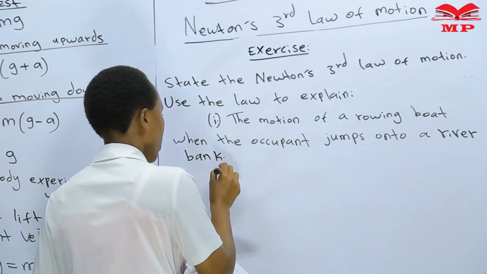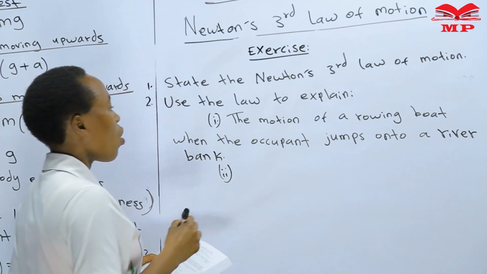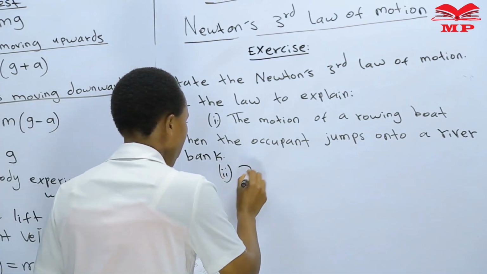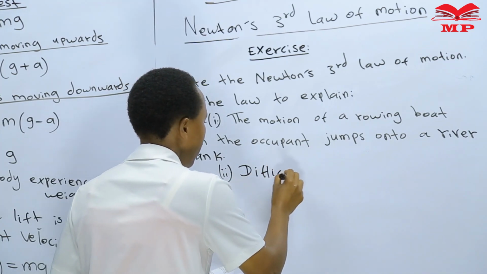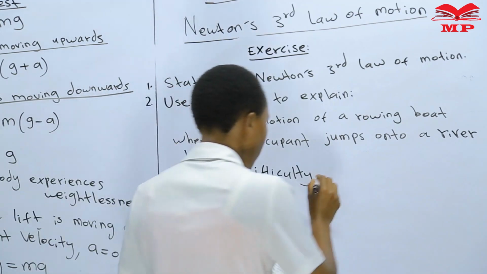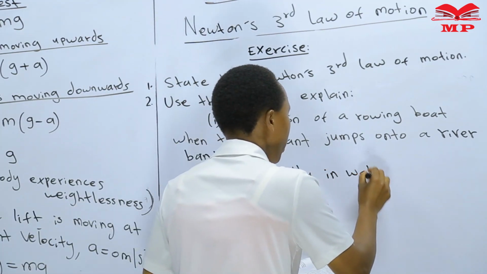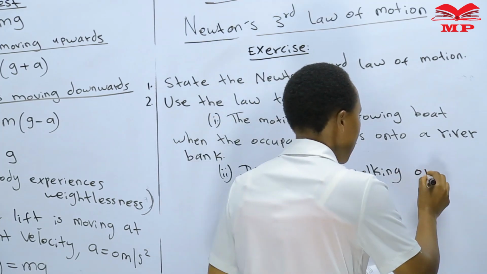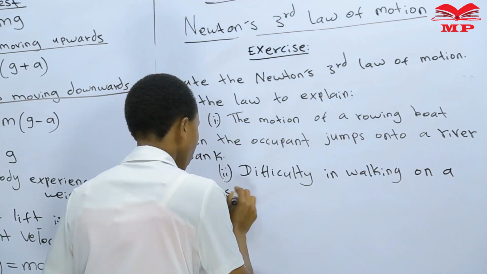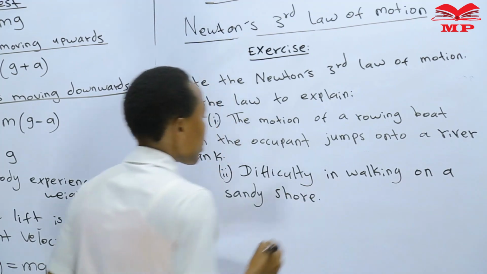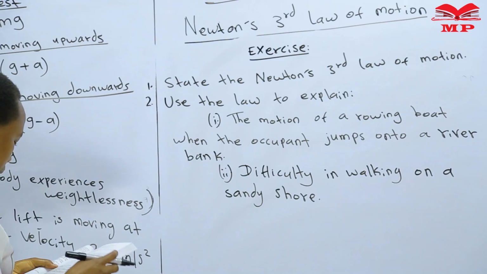You explain what happens to the motion of the rowing boat. Then number 2, you will also explain, using Newton's third law of motion, the difficulty in walking on a sandy shore.